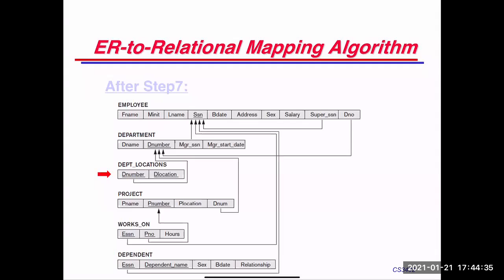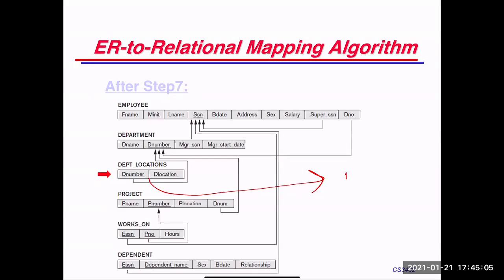There's a question, which means we're combining two different attributes to one new attribute. So if you look at how we did this here, we actually didn't combine these two to form a new attribute, right? So what we did was we created a new relation, meaning a new table that contains these two attributes. Because now if you look at this department locations table, it might have some entries like this.